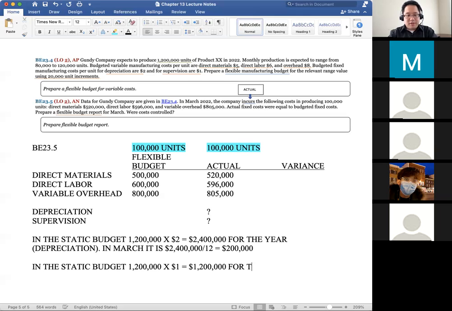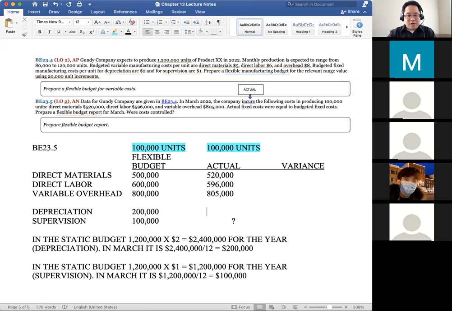It's 1.2 million for the year. This is for supervision. So in March, 1.2 million divided by 12 is 100,000. Okay. So my budgeted depreciation cost is 200,000. My budgeted supervision cost is 100,000.